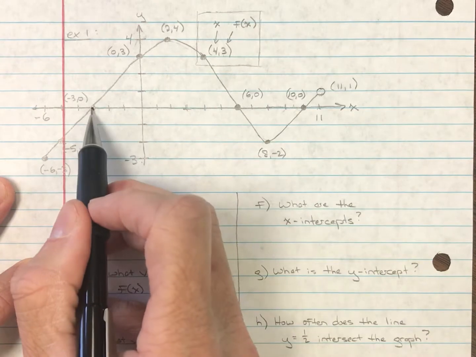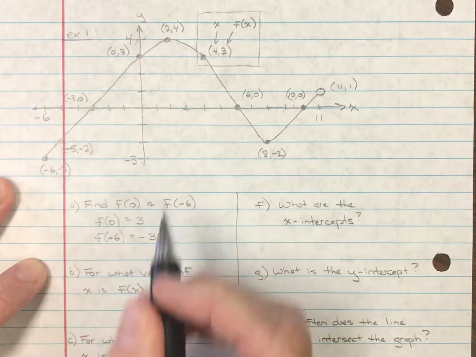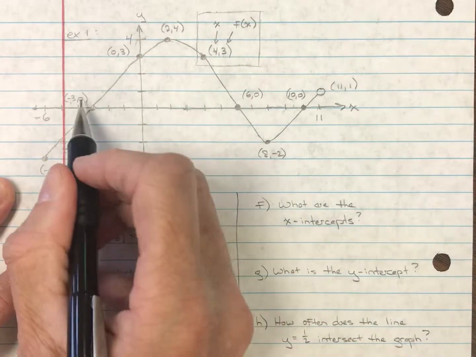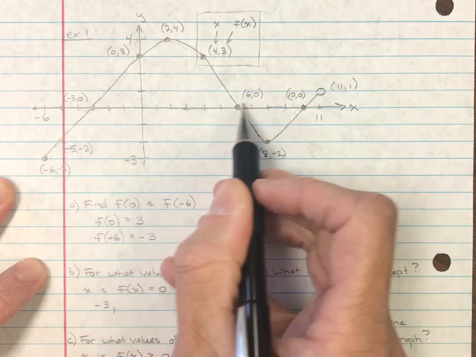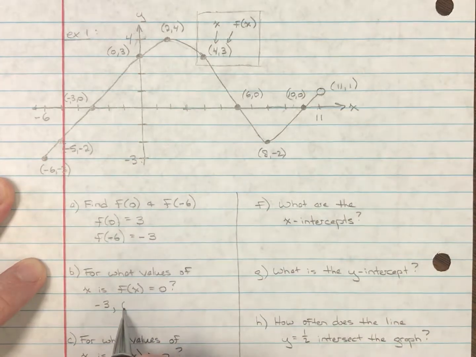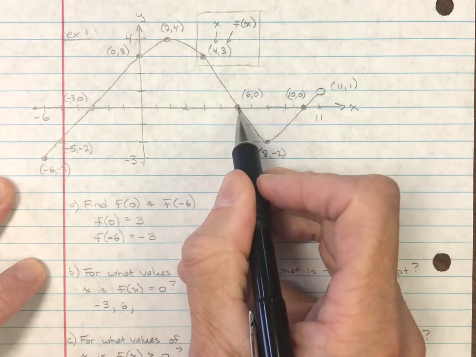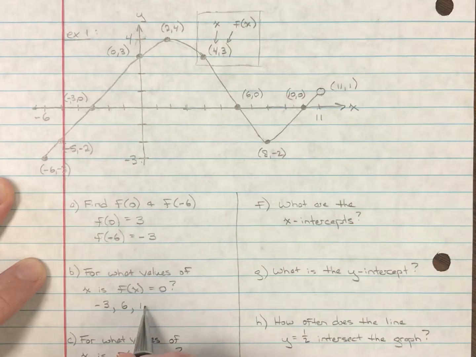As I start here, this value of x, -3, gives an output of 0, so -3 is one of them. As I go across here, 6 gives an output of 0, so 6 is another one. And as I continue, 10 gives an output of 0, so I have 10.